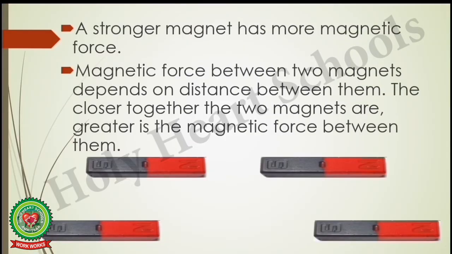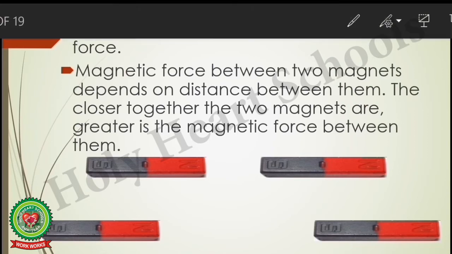Next is a stronger magnet has more magnetic force. That means stronger the magnet is, more will be its magnetic force. Magnetic force between two magnets depends on distance between them. The closer together the two magnets are, greater is the magnetic force between them.